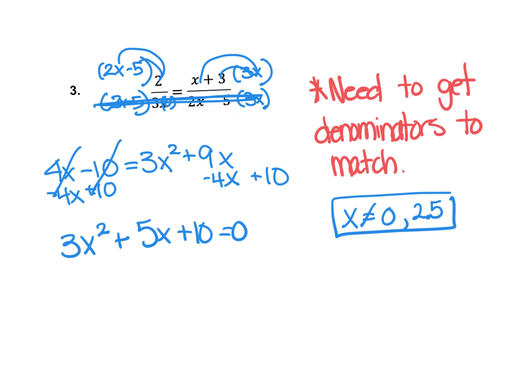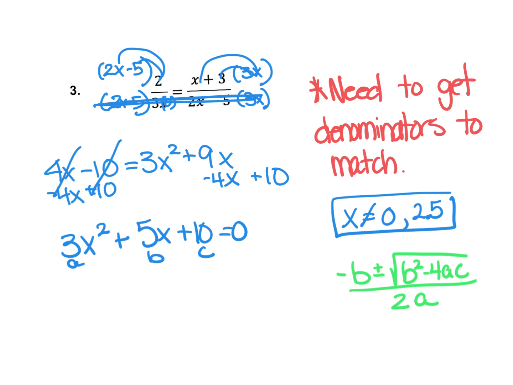All right, so I don't think there's going to be an easy way to do this other than to plug this into the quadratic formula. And when we do that, remember this is our a, this is our b, this is our c. And let me write the quadratic formula over here. It's negative b plus or minus the square root of b squared minus 4ac all over 2a.